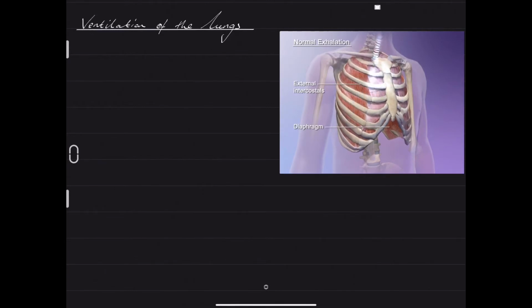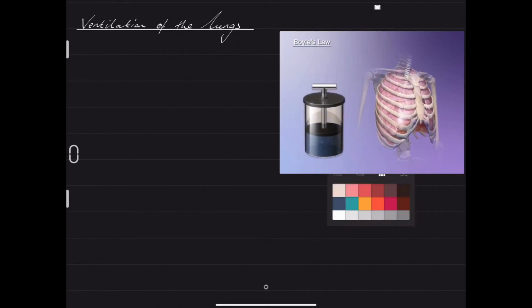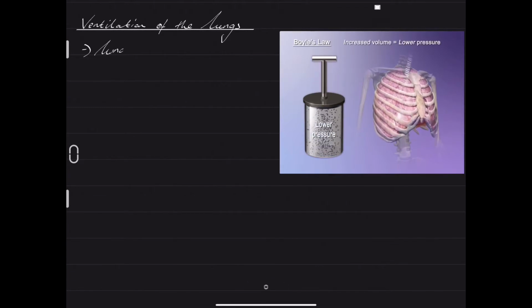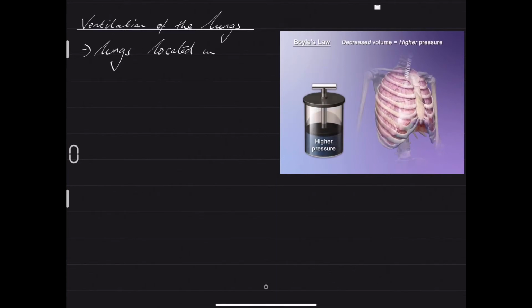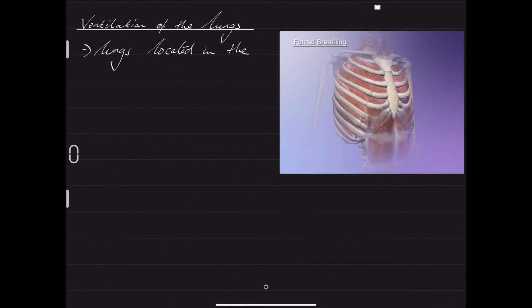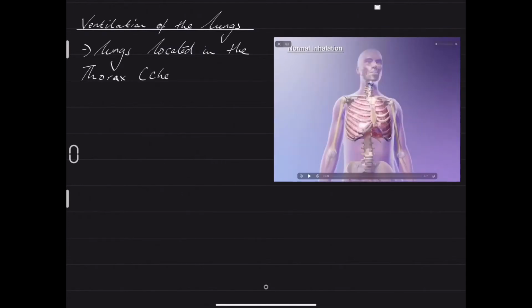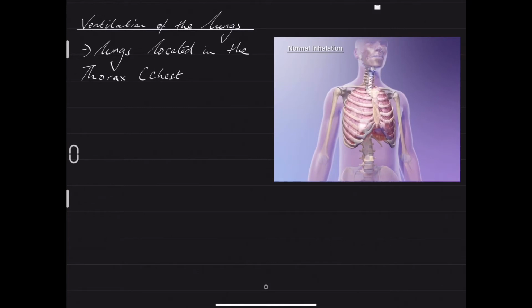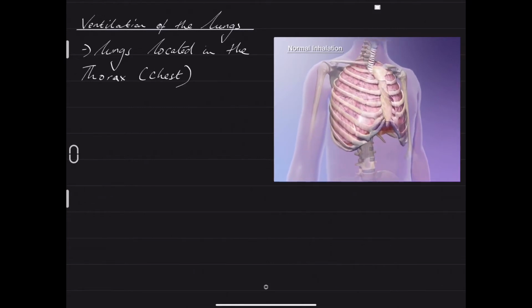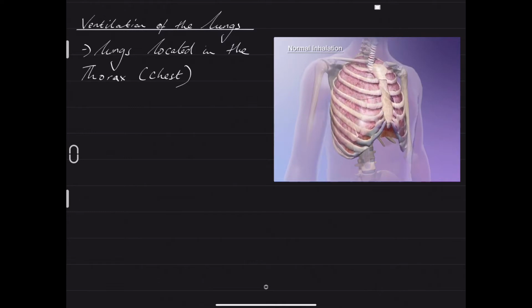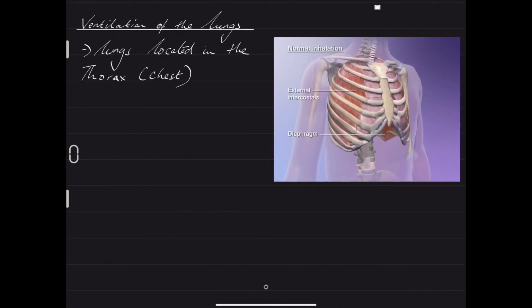So the first point I want you to put down is: lungs located in the thorax, and this is the chest cavity, or the chest.